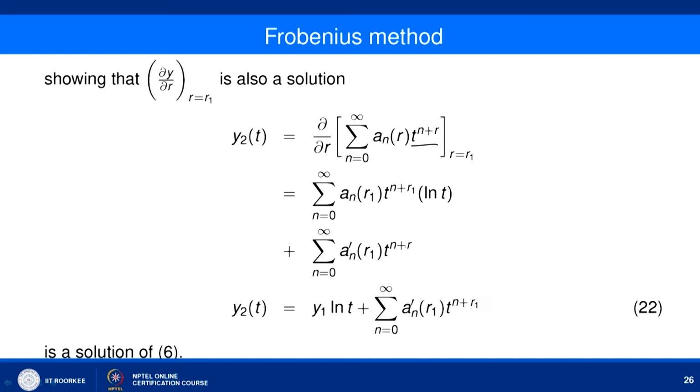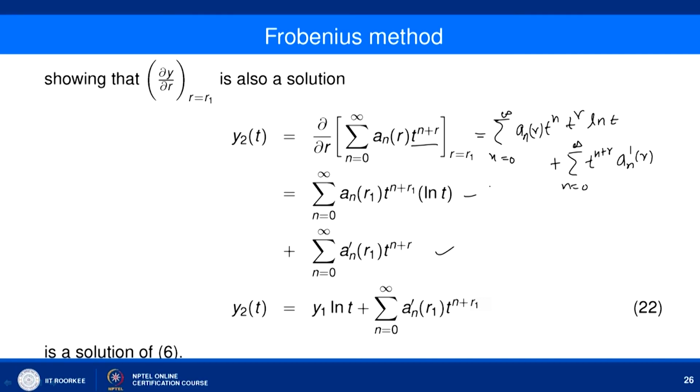So, here what you will get? This you write as summation n equal to 0 to infinity a n r t to the power n you are taking out and differentiating t to the power r. Differentiating t to the power r means t to the power r ln t, plus summation n equal to 0 to infinity t to the power n plus r as it is, then differentiate a n, that is a n dash r. That is what we are writing here.